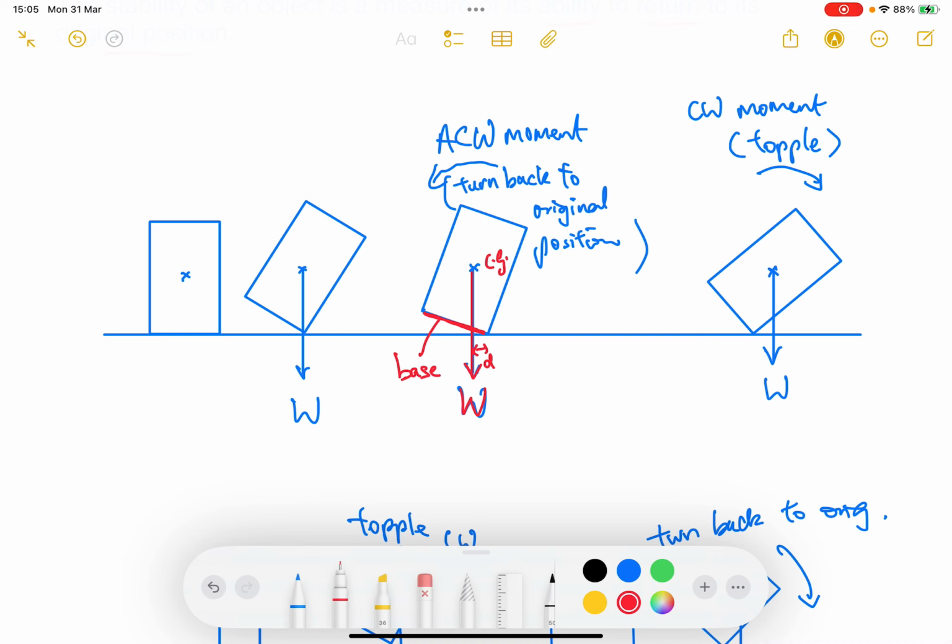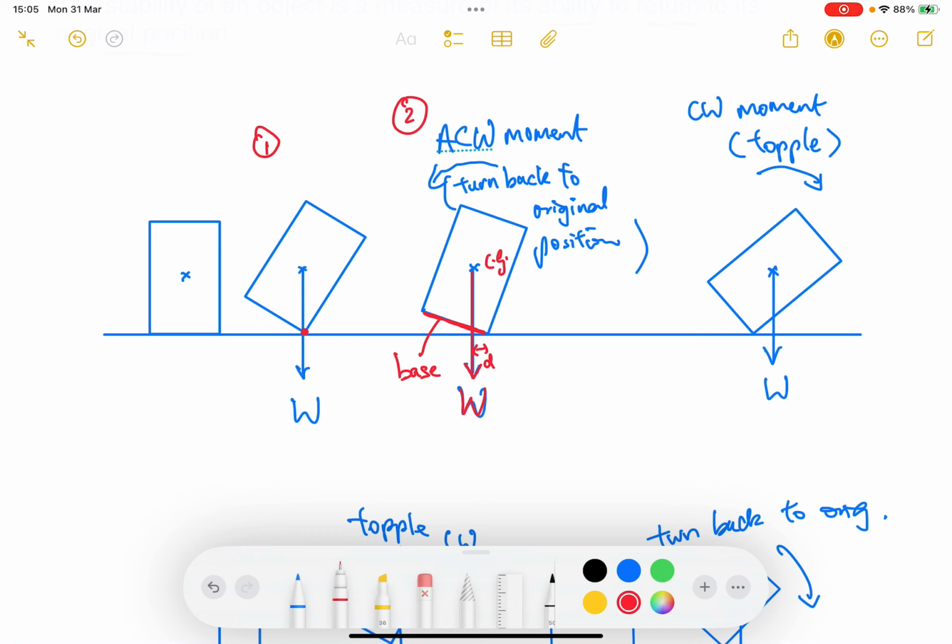Now, this is for the second diagram, which I was trying to tell you. Now, if we continue turning it further, this is where we look at the first position here. The vertical line through the center of gravity is now at the pivot. It's acting at a pivot.